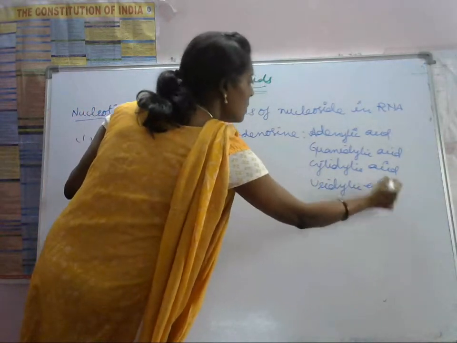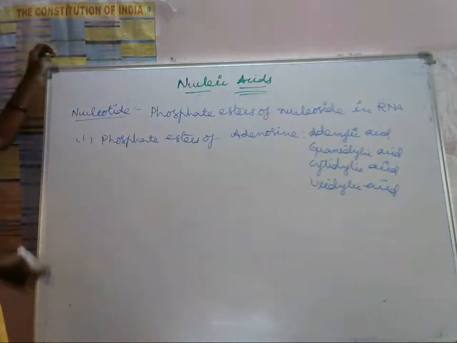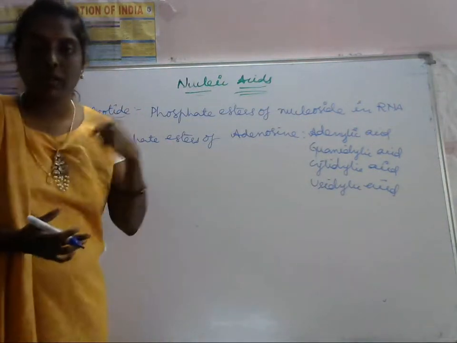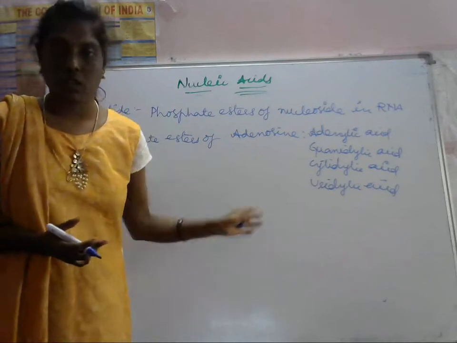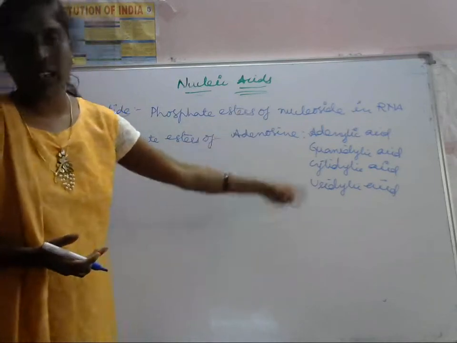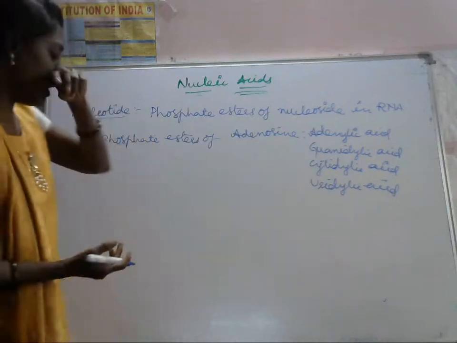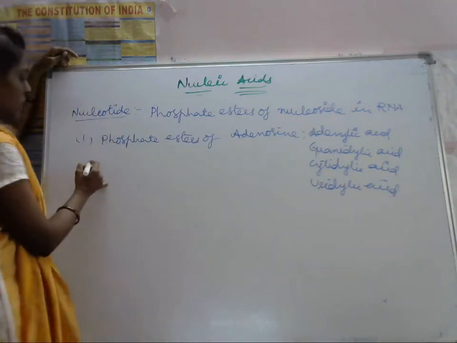Let's see these four. At the CH2OH group we have to add the phosphate group, then it is called adenylate acid, guanidinic acid, cytidinic acid and uridylic acid. Let's see what is the difference between these.